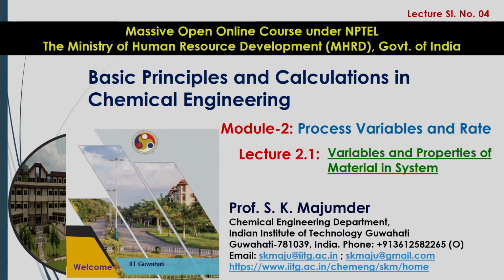So, in the previous lectures we have discussed the introduction to principles and calculations in chemical engineering, and the role of chemical engineers in society and the history of chemical engineering.